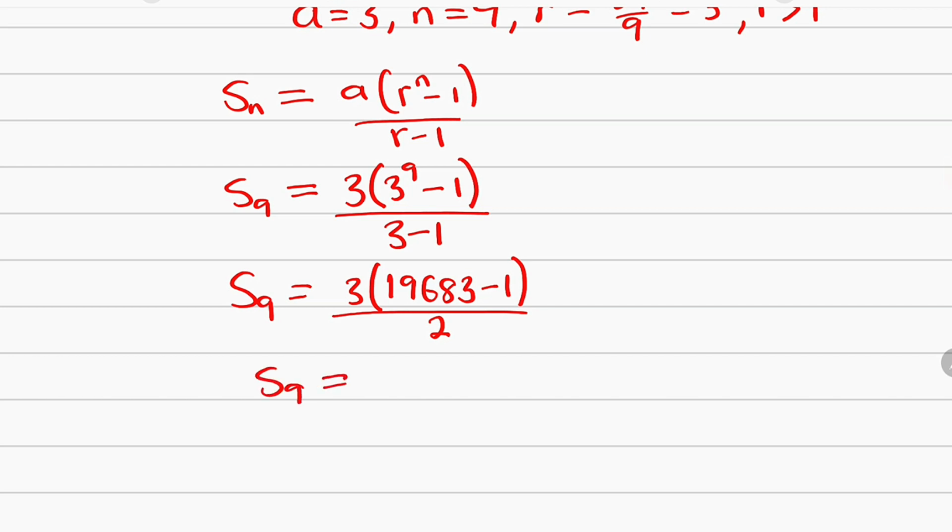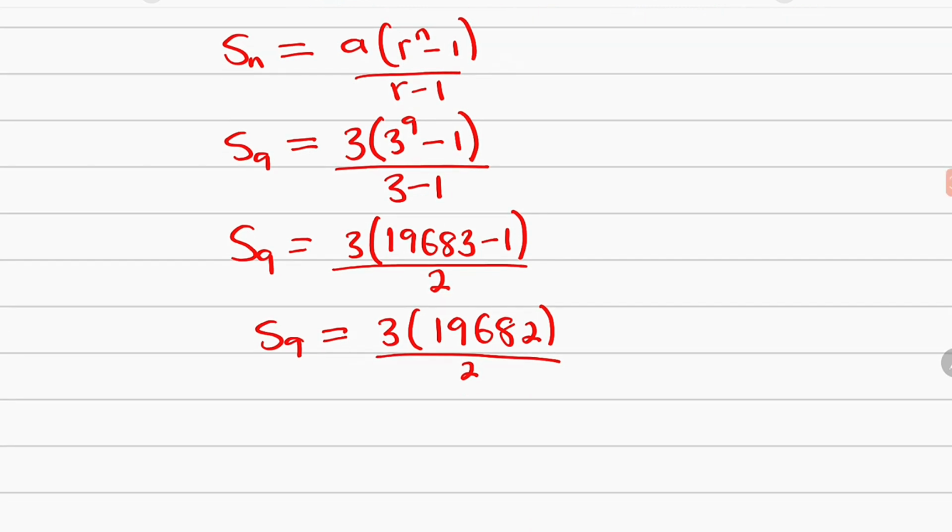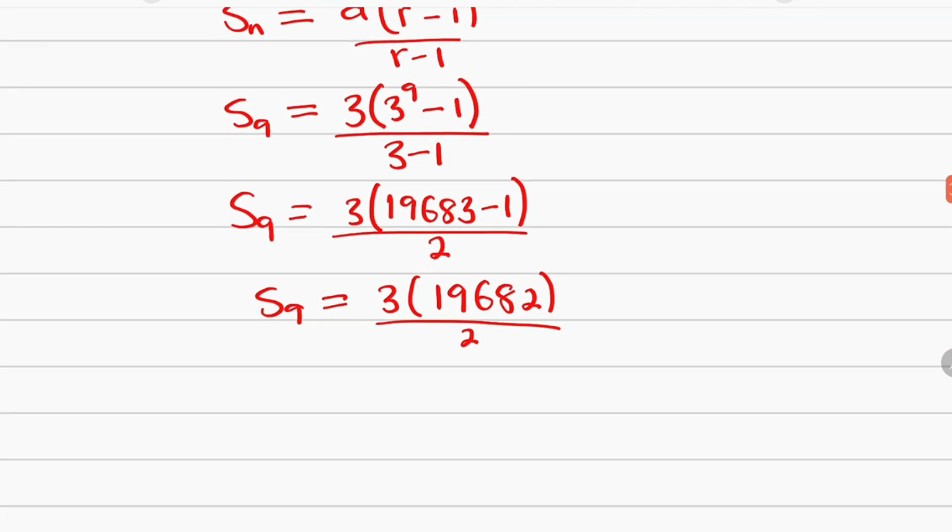S9 equals 3 multiplied by 19,682 if 1 is subtracted. Divided by 2. Let's multiply 19,682 by 3. This is equal to 59,046. Divided by 2.